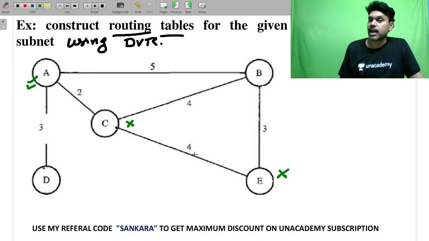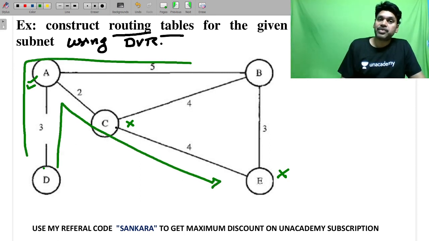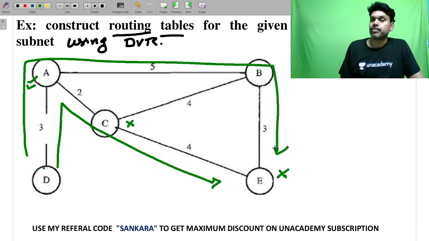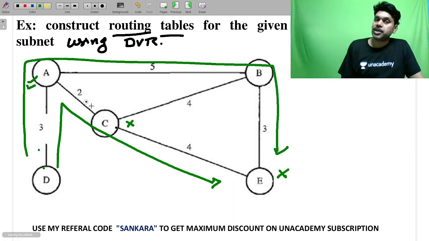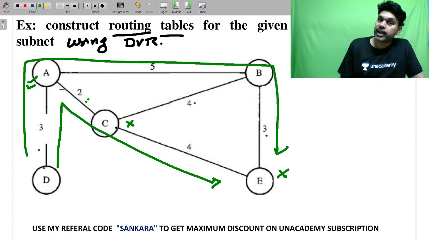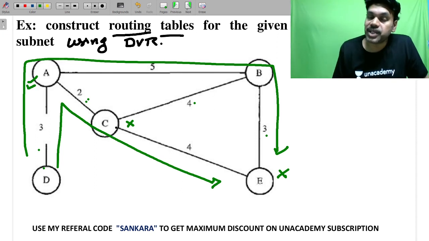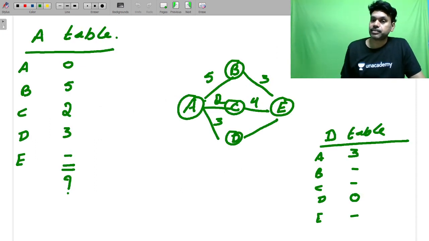How much is it? 9. So if you go this side it is a 9. If you go this side it is 11. One more way is also there. 3 plus 2 is 5, 5 plus 4 is 9, 9 plus 3 is 12. So it is going to be very high. So we are preferring this. What is that? D to A to C and C to E. It's almost all 9. So D to E is 9. That's it. We got D to E is 9.